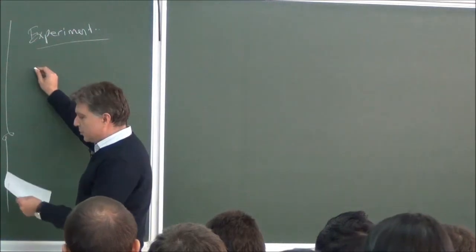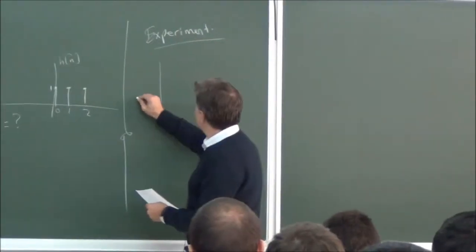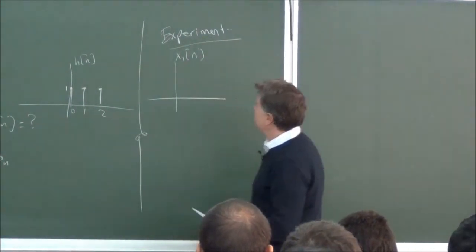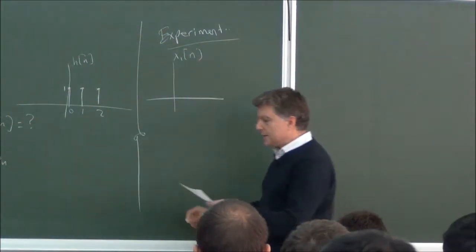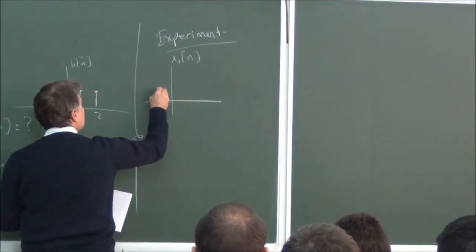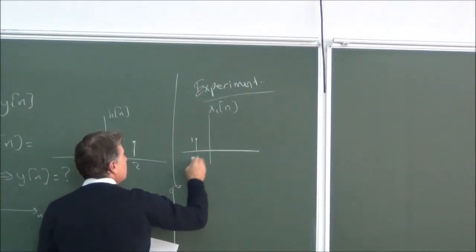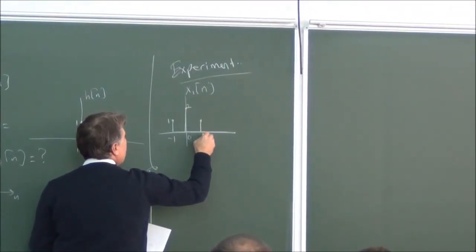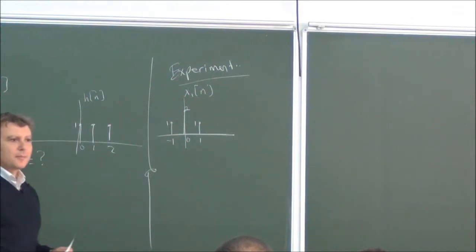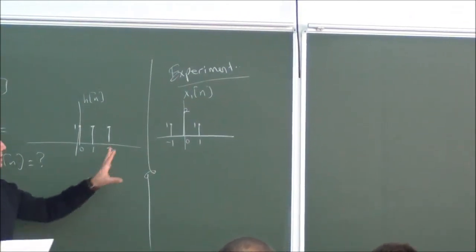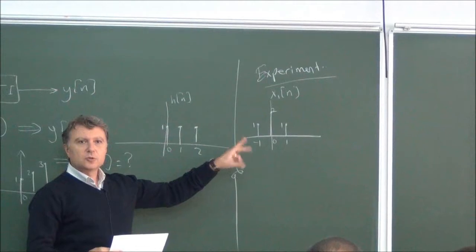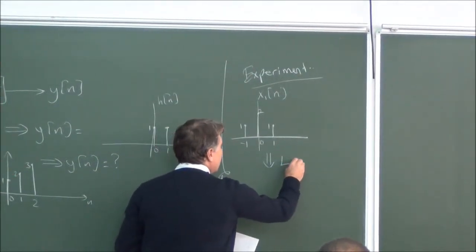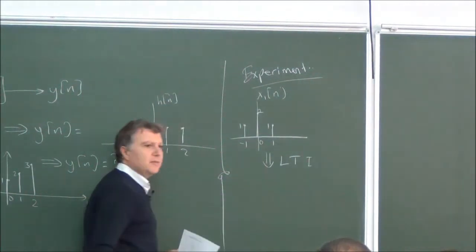We apply an input signal. Let's call this input signal x1 of n, a discrete time signal as follows. At -1 it's equal to 1. At 0 it's equal to 2. And at 1 it's equal to 1. We choose this input signal to make a black box experiment, and we observe the output of an LTI system, a linear and time invariant system.